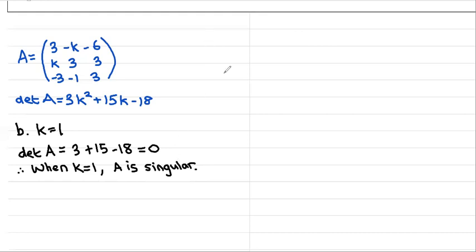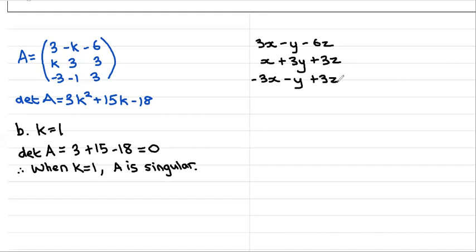So if I apply this matrix to the variables x, y, and z, so we're going to have 3x subtract, now k is 1, so subtract y, subtract 6z, and then we've got x, k is 1, of course, plus 3y plus 3z, and then negative 3x subtract y plus 3z, like that.